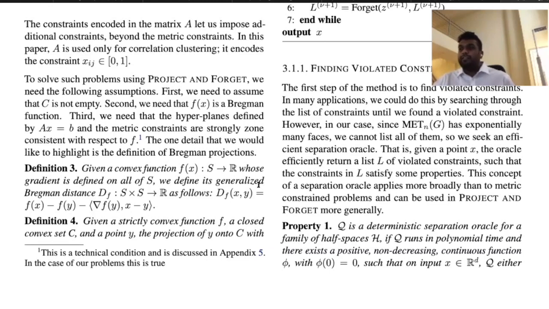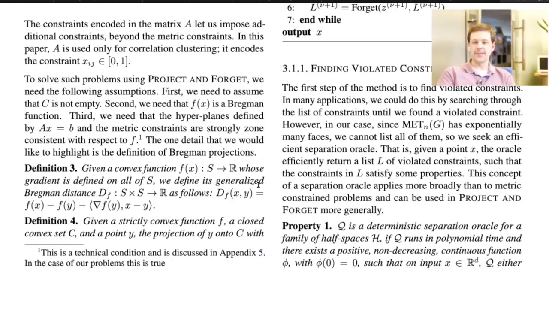And a lot of common functions are Bregman functions. For example, in one dimension, the quadratic function is Bregman, the exponential function is Bregman, the entropy function is Bregman. If you have a Bregman function in each coordinate and you sum them up, that gives you a Bregman function on multi-dimensional space. So, awesome.